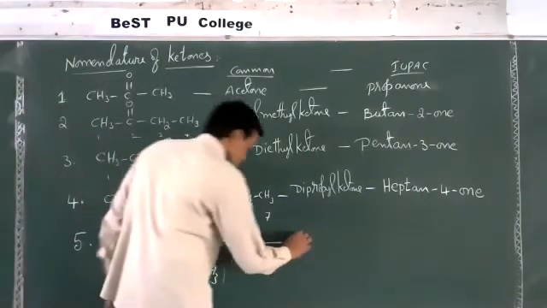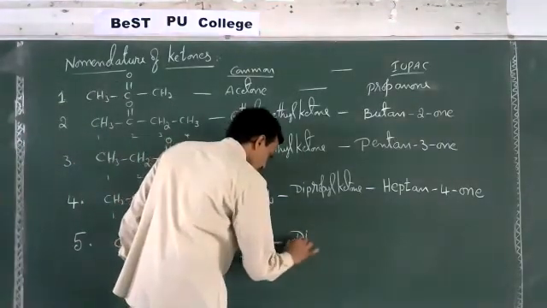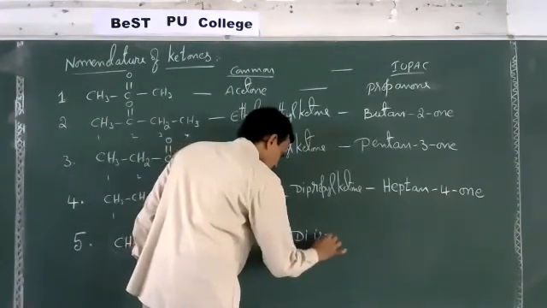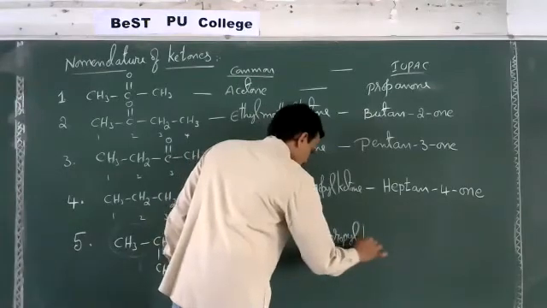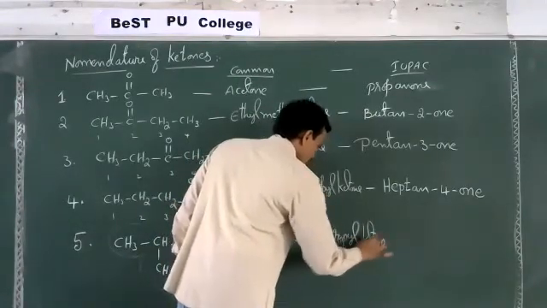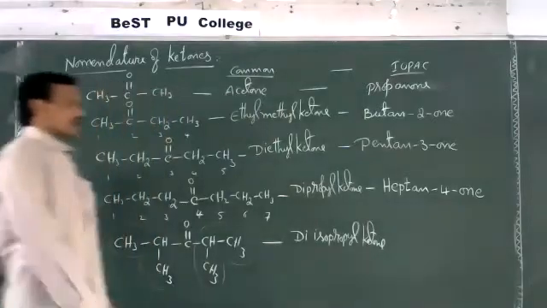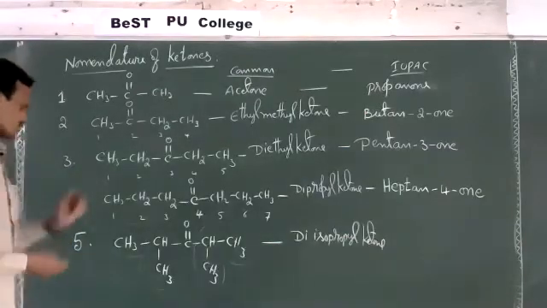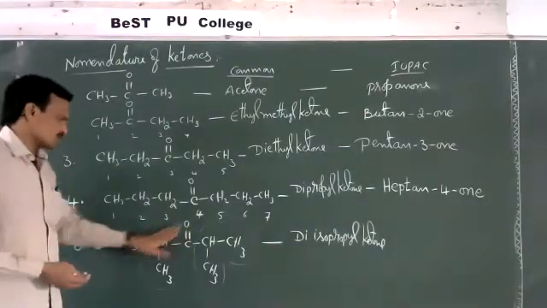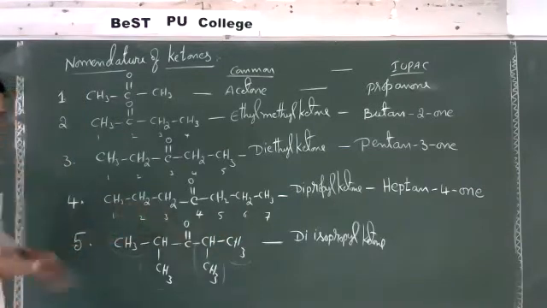Now this is named as di-isopropyl ketone. Di-isopropyl ketone is the common name. Then what is the IUPAC name? Just give the numbering here. If you give the numbering from either end, you get the same.